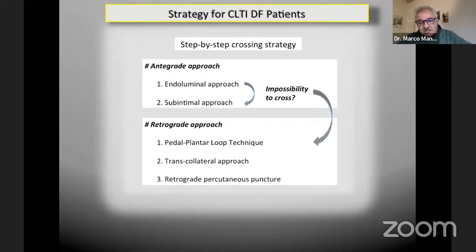We published this strategy as the step-by-step crossing strategy, which means that we always perform the procedure with an integrated approach, starting first with an endoluminal approach. If we fail with the endoluminal approach, we try to shift to a subintimal approach. And when we fail with a subintimal approach, we start to consider a retrograde approach, with or without puncture.